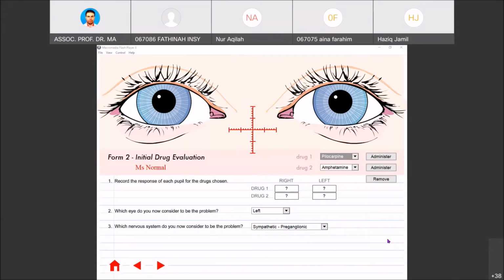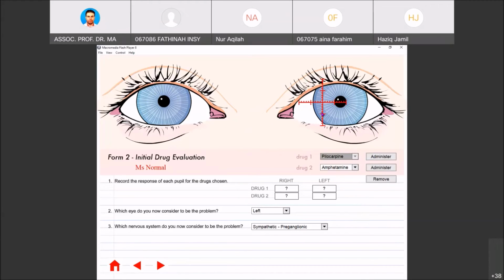So here, we are going to administer. You can see here the administration. The name is pilocarpine. We are going to click here, and you can see that what happened to the eye is pupillary constriction, and we can use the measuring crosshair.